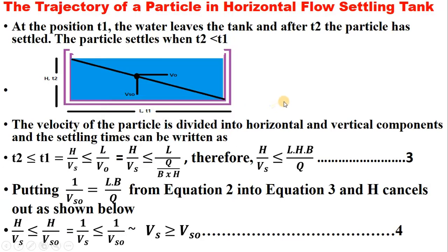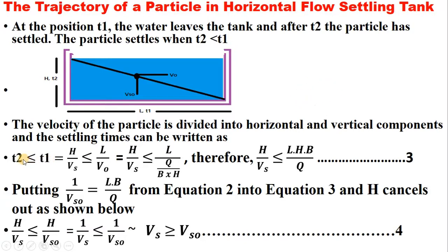Velocity is simply distance in a specific direction divided by the time taken to make that journey in a specific direction. Then if you make time the subject, you are going to have that time taken is equal to the distance in a specific direction divided by the velocity.